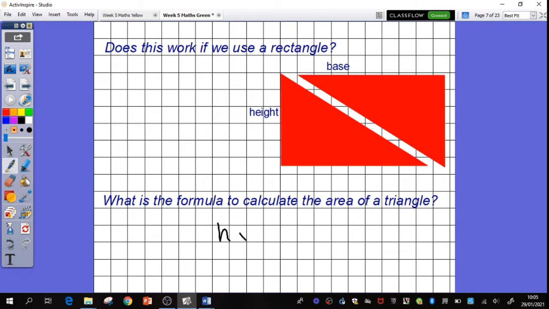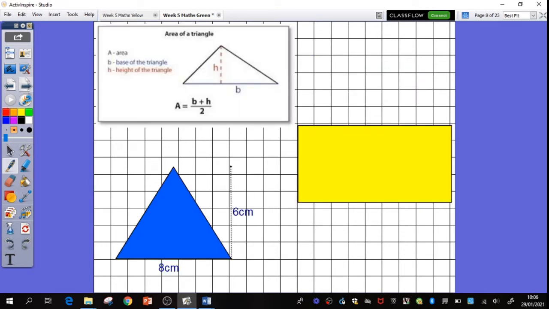The formula to find the area of a rectangle is height times base. To find the triangle then, I'm dividing it by 2. So the formula to find the area of a triangle is its height times base, and then I'm going to half it. Okay, because you can see that when I half these shapes, they become triangles. Just to reiterate that, area of a triangle is its height times its base divided by 2.